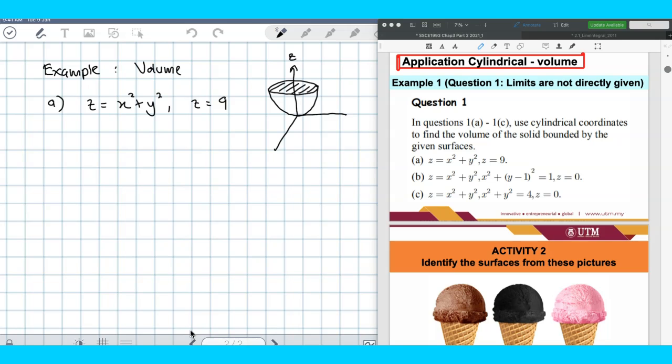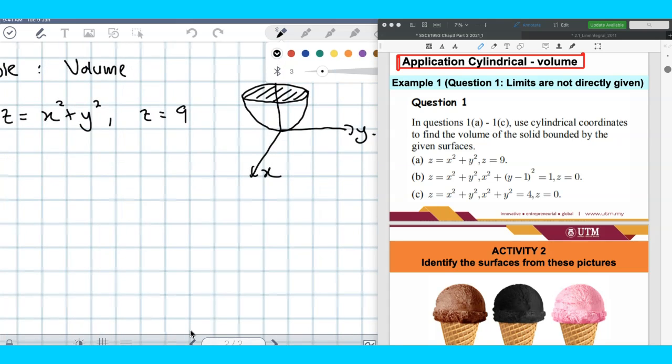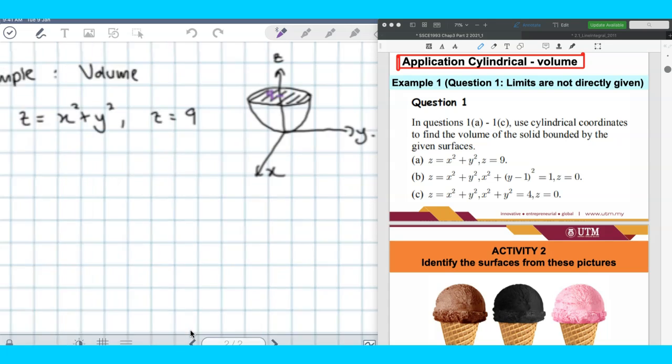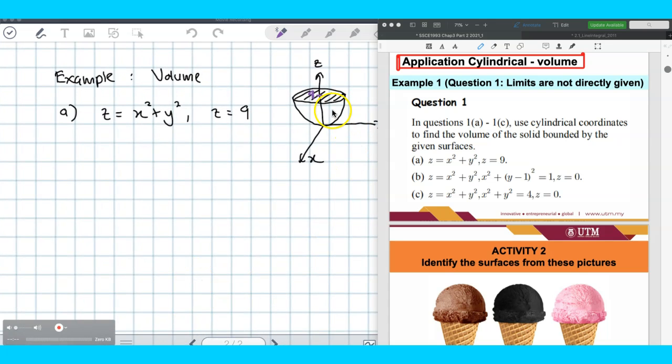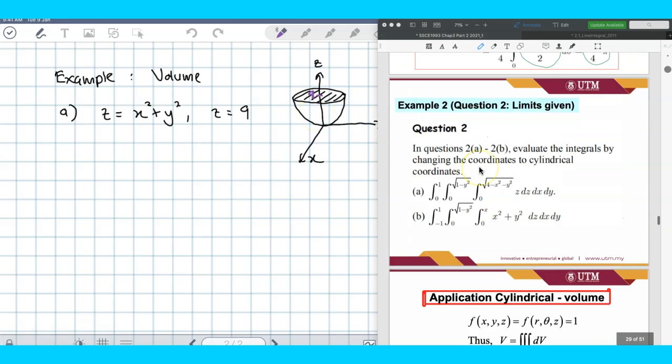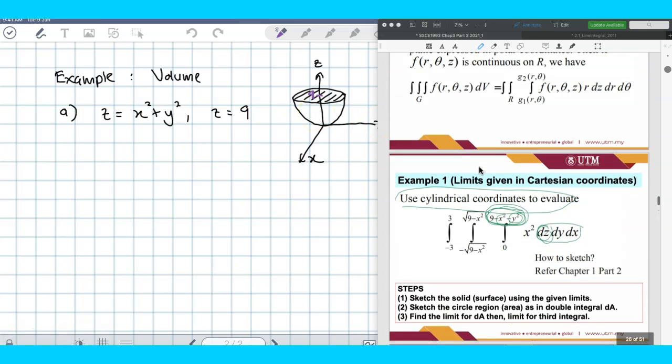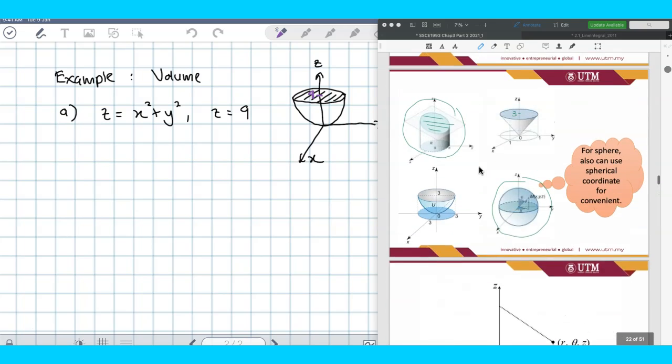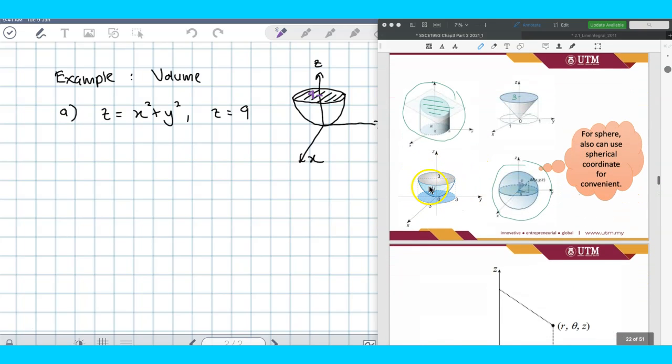So this is z, this is x, and this is y. The value here is 9 when z is equal to 9. We want to evaluate the volume of this solid, which you can see in the graph I provided earlier. It looks like this.